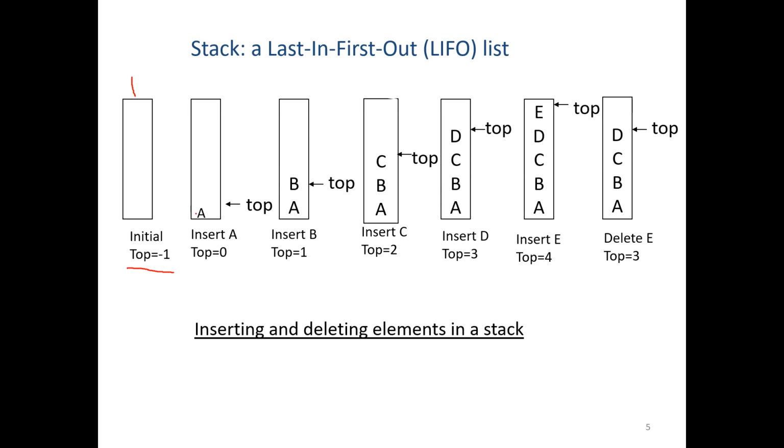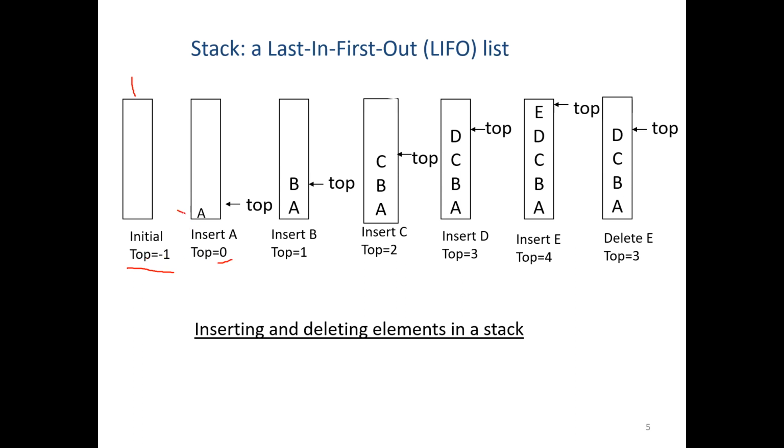That you have to remember. Then I'm going to insert the first element. We call this technically the push operation. I'm going to push A to the stack. Where can that be placed? At the top. Top value is -1. We can't have -1 as the index value. That's why we increase the index: -1 plus 1 is 0.